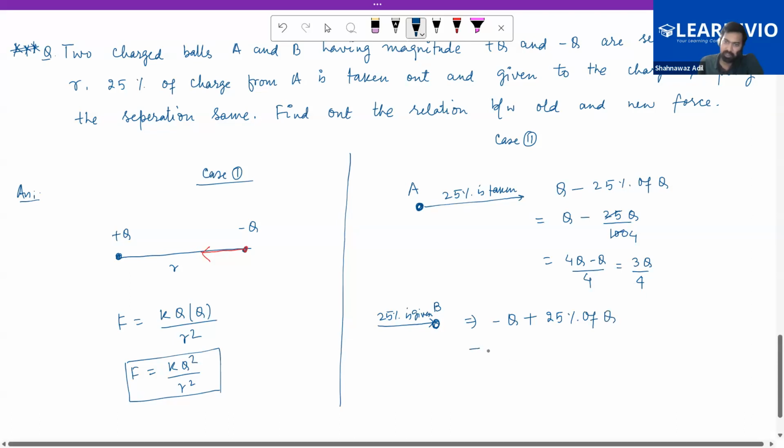So minus Q plus 25 by 100 of Q, which is again Q by 4. So minus 4Q plus Q divided by 4, so minus 3Q by 4. Right, guys?